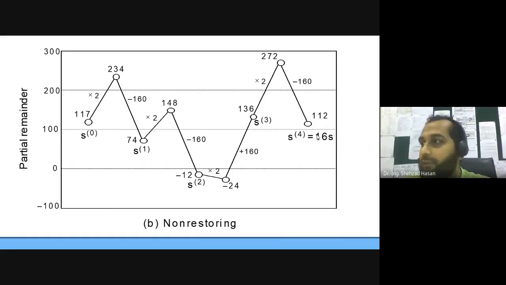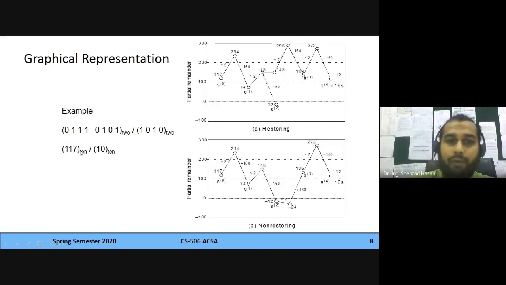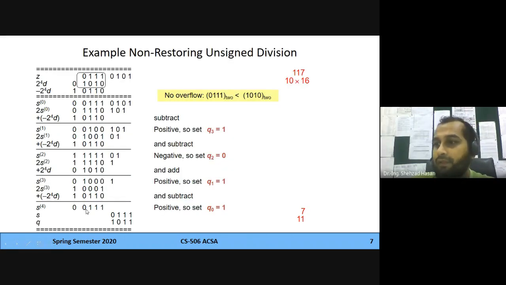So 112 is a shifted 7. In this case, you can see over here this is your answer, 0111, and there are 4 zeros as well at this point. If you're talking about this as a whole register, it was initially 117. The values that I was showing you graphically are the values that we are doing over here.